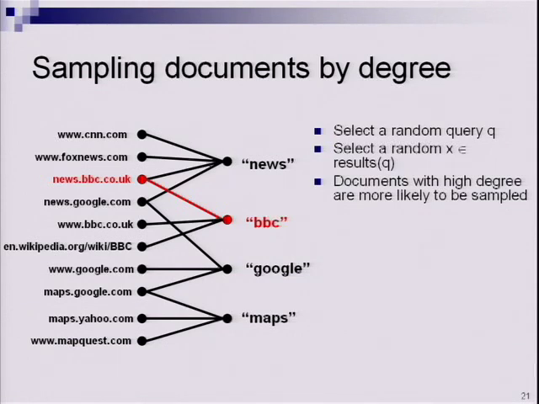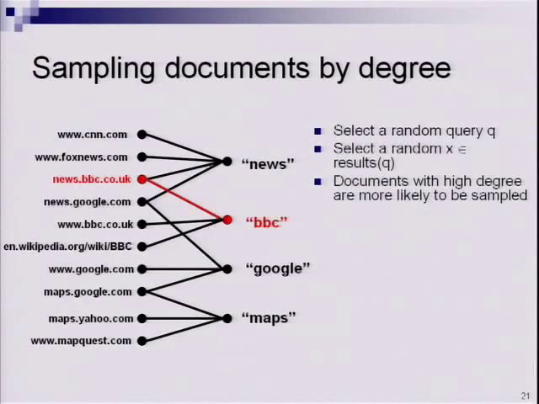Yeah? You there? Things like news go to the BBC. Exactly. So you could see that CNN shares its resource, the query, with more results. There are 4 results for news, but only 3 for BBC.